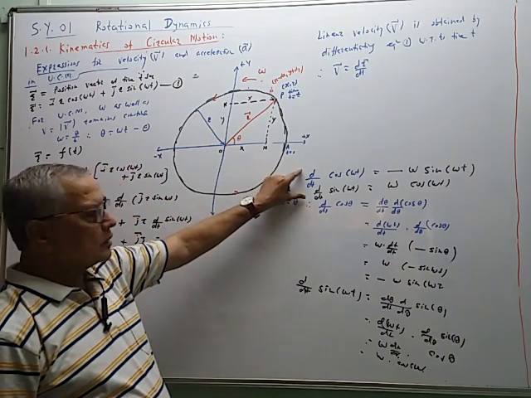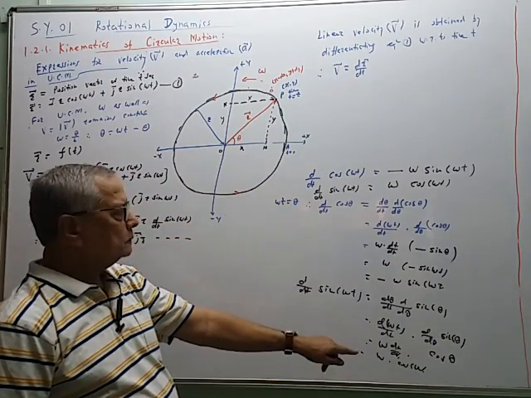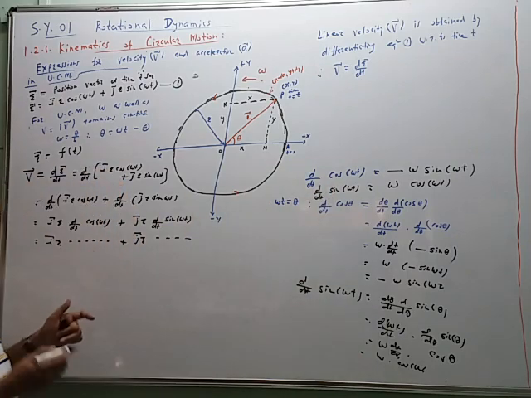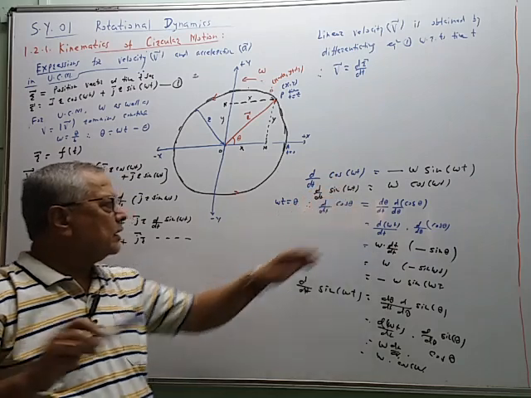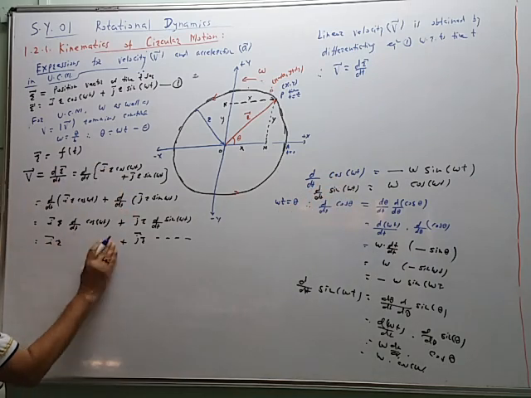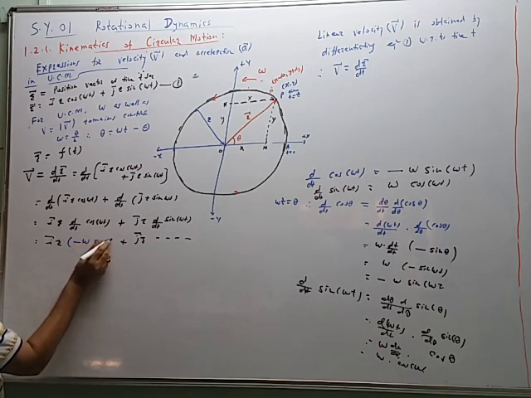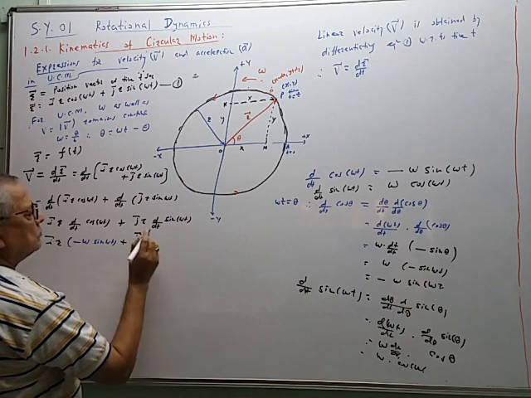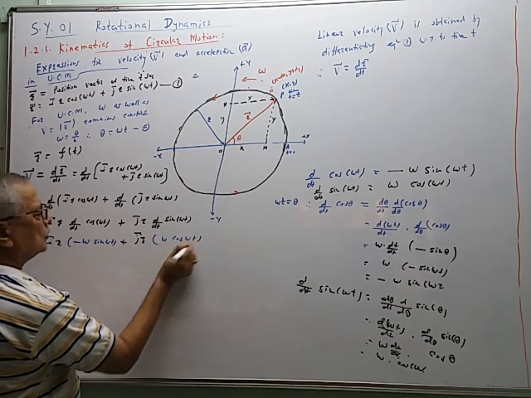So these two answers that we calculated separately, we directly substitute here. The d dt of cos of omega t is equal to minus omega sin of omega t, and this is plus omega cos of omega t.